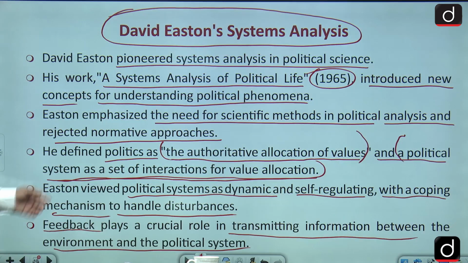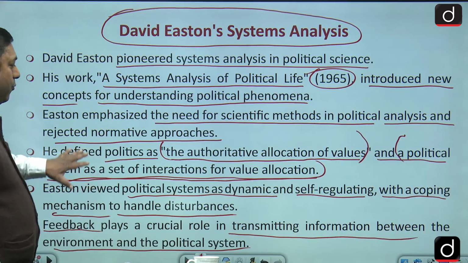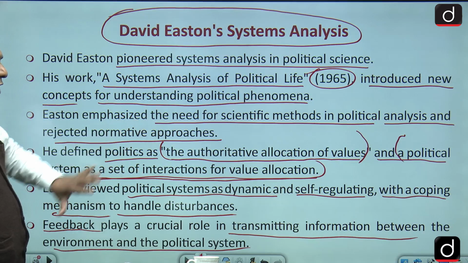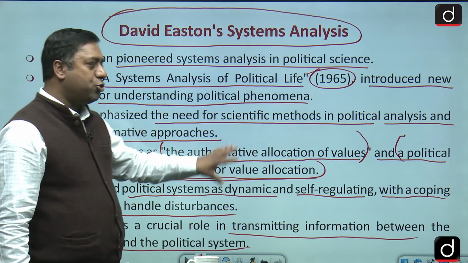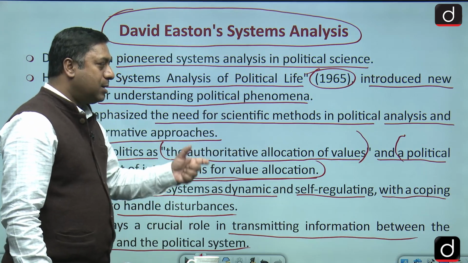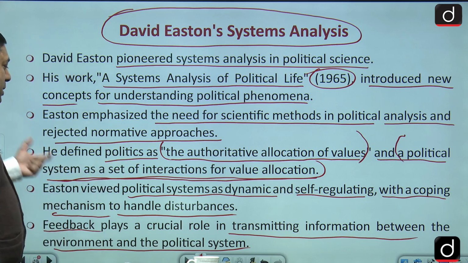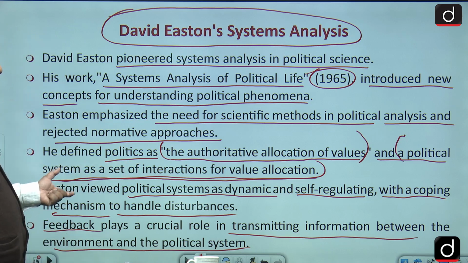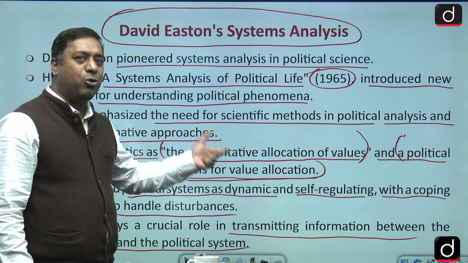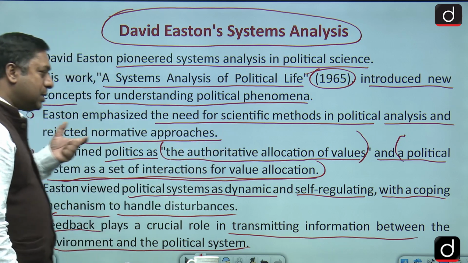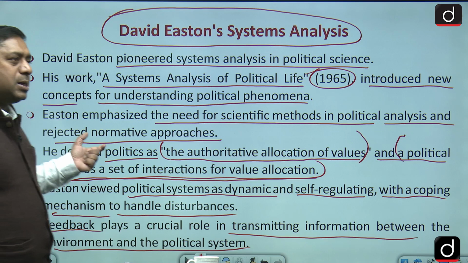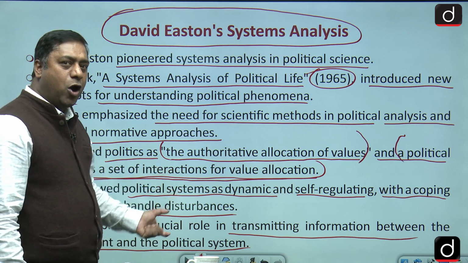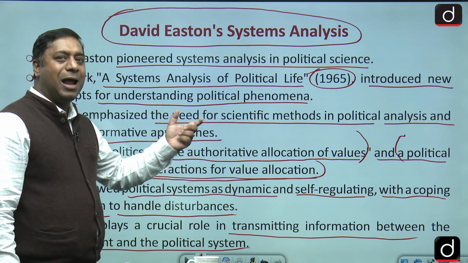Is it all clear now? David Easton gave the definition of politics as the authoritative allocation of values, and also a definition of the political system. When politics is the authoritative allocation of values, the political system is nothing else but a set of interactions for value allocation.